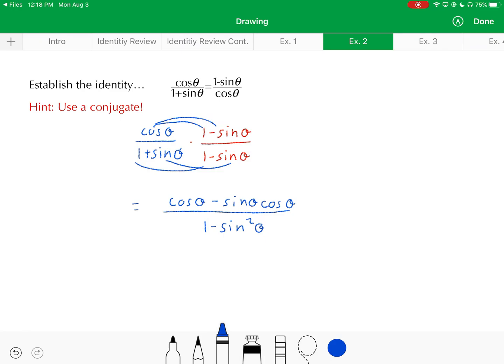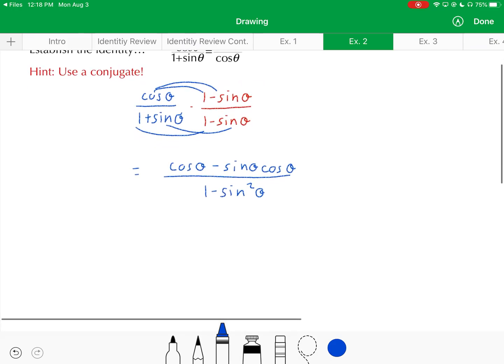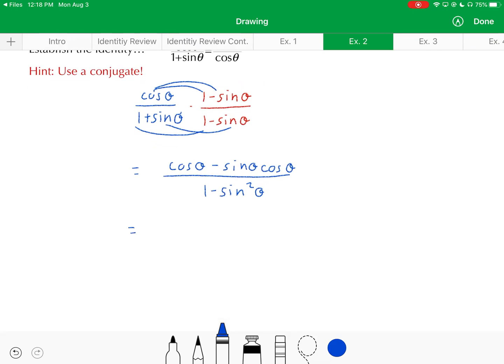Okay, and I'm going to do two things next. All right, so cosine of theta minus sine of theta cosine of theta, I'm actually going to factor that cosine back out. So really that means that first step of multiplying through by cosine was unnecessary.